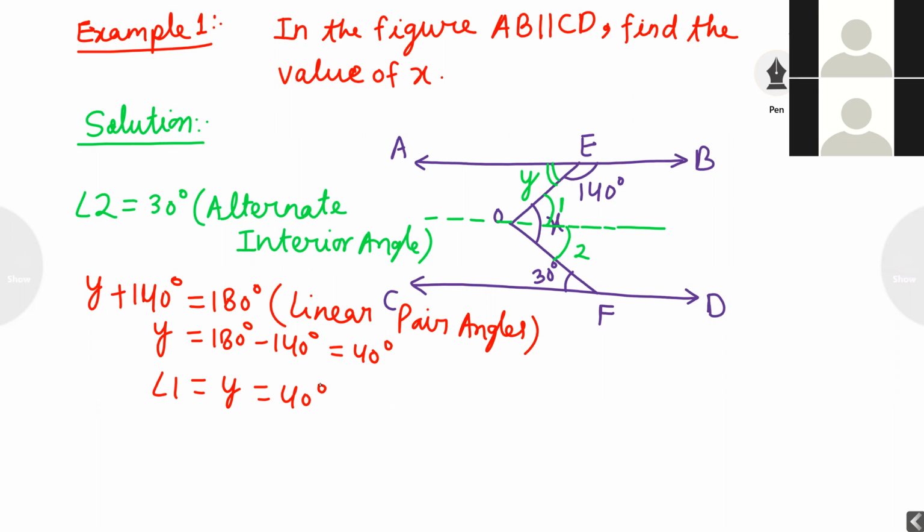I want to find out x. X is equal to angle 1 plus angle 2. Angle 1 is 40 degree and angle 2 is 30 degree, equal to 70 degree. The value of x has come 70 degree.